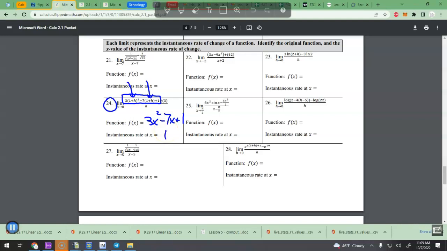So if this is my original function, which I'm claiming that it is, when I plug in 1, what do I get? Agree? So that plus 3 is really minus a negative 3.